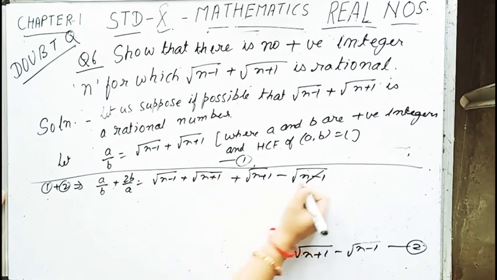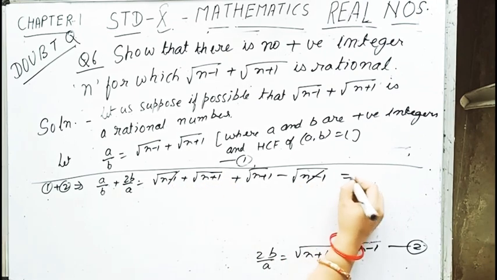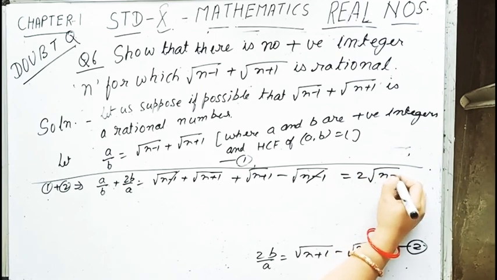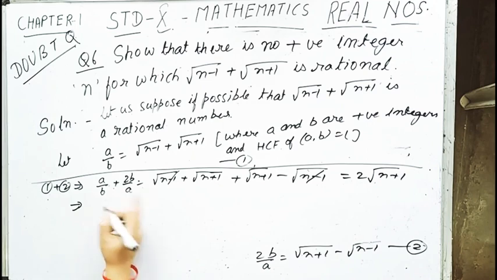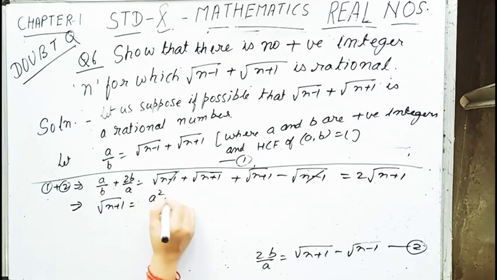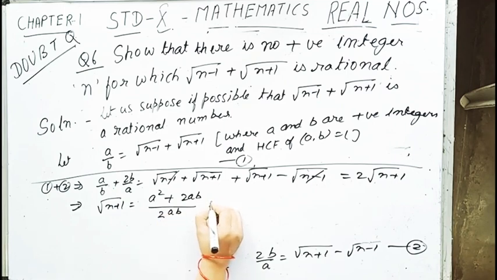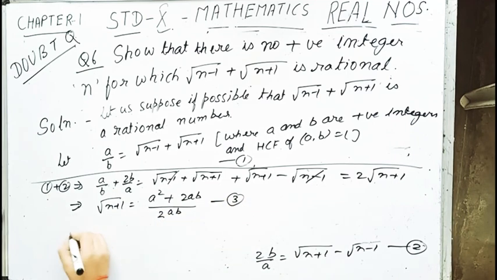So these cancel and we get 2√(n+1). This implies √(n+1) = (a² + 2b²)/(2ab). Make it equation number 3.